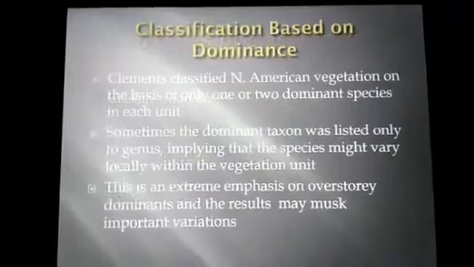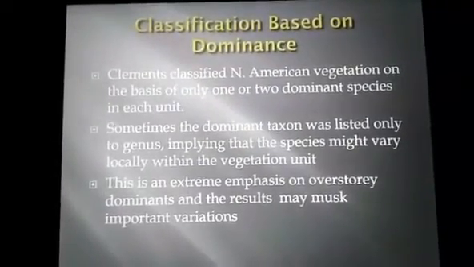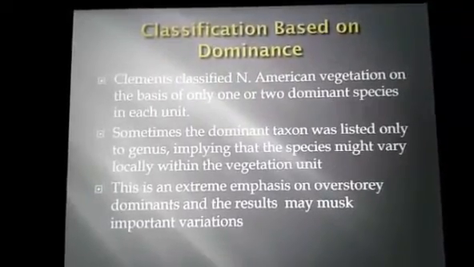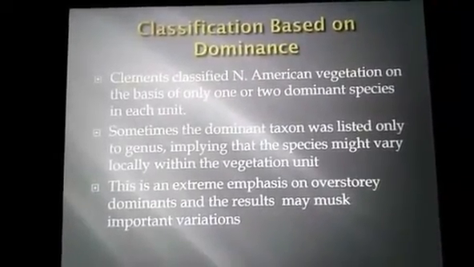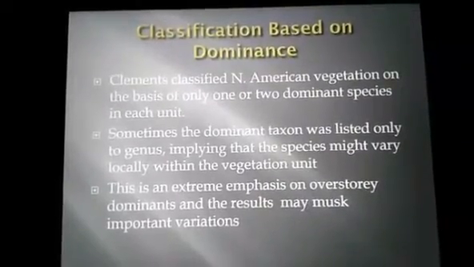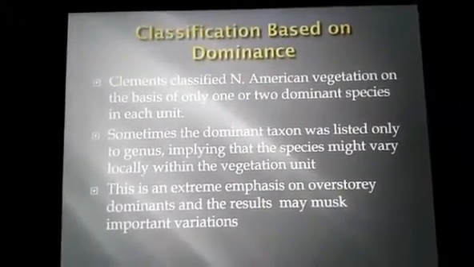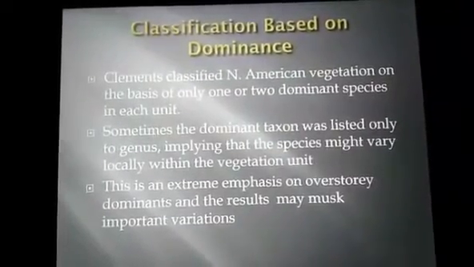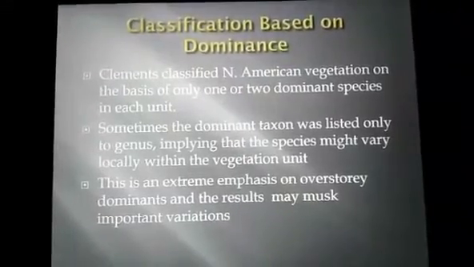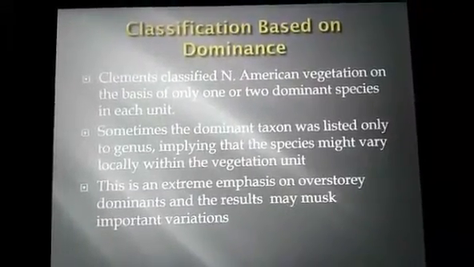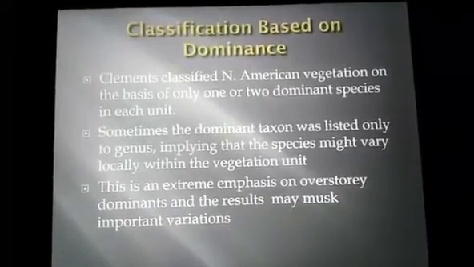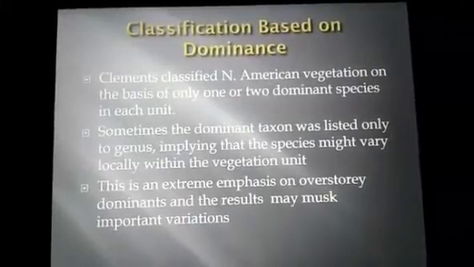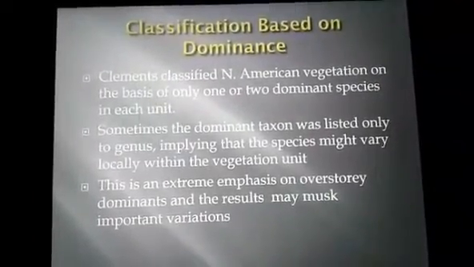So with the classification based on the dominancy, we want to talk more about the claimants. The claimants are said to have classified the North American vegetation on the basis of only one or two dominant species in each unit. Sometimes the dominant taxon was listed only to the genus level, which implies that the species might vary locally within the vegetation unit.